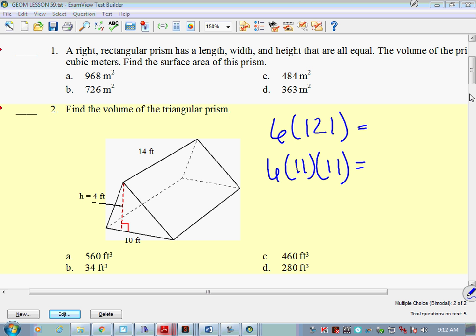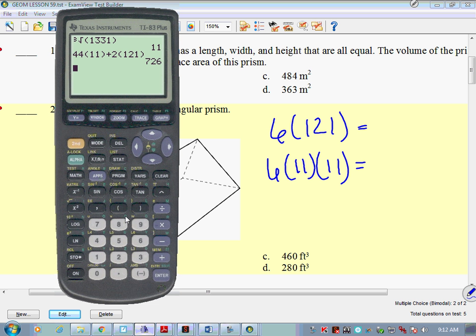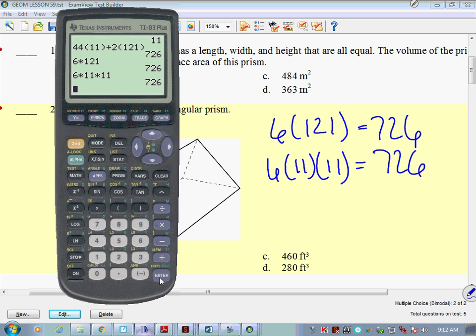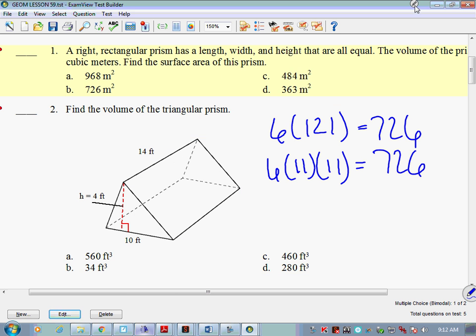Just so we're seeing where we got that 121 from. 6 times 121, 726. 6 times 11 times 11, 726. I get 726 in all of that. So I don't necessarily care on a cube. You can do that work right there, but that won't work on all rectangular prisms. Only cubes.